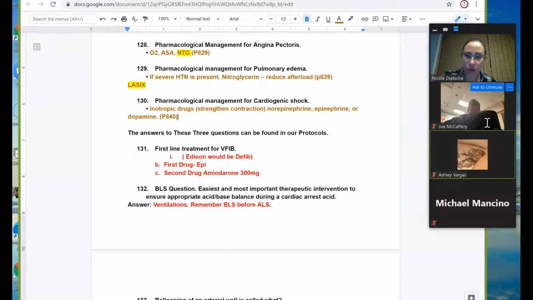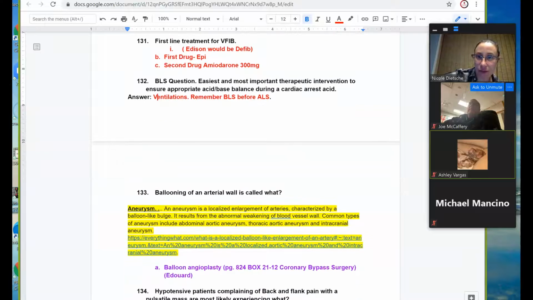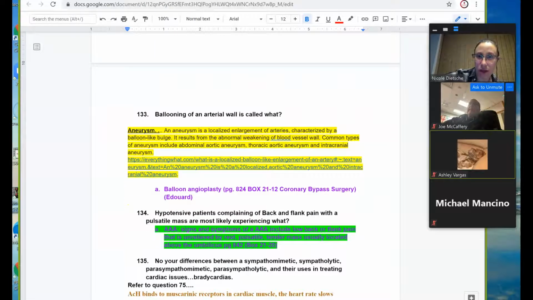Good. Perfect. Appropriate acid base. Yes, ventilations. That's perfect. First line for VFib is defib. Good.